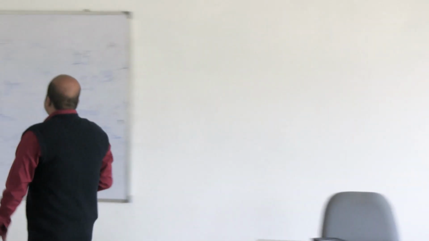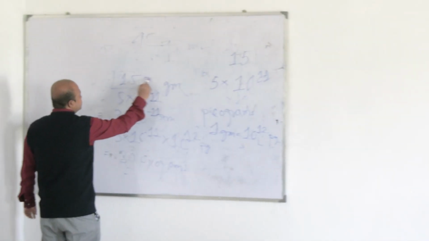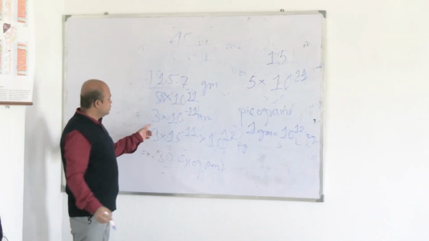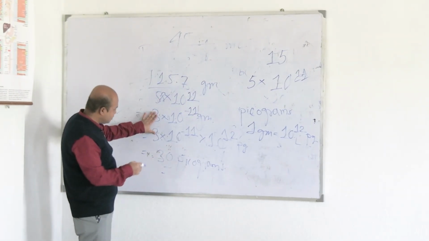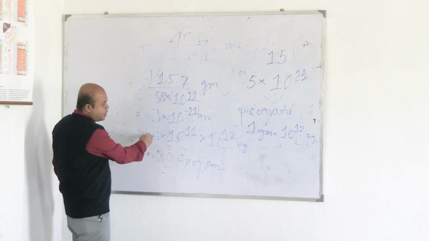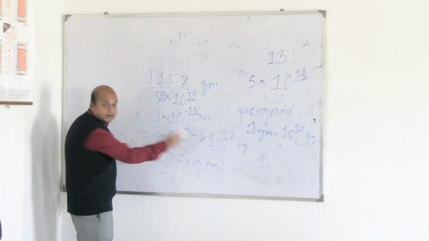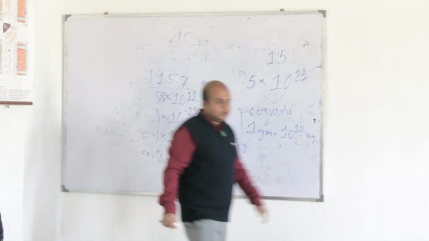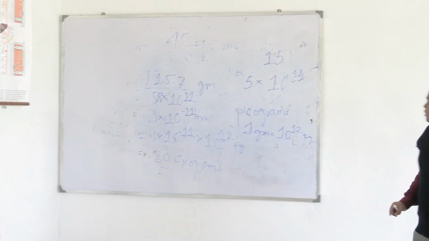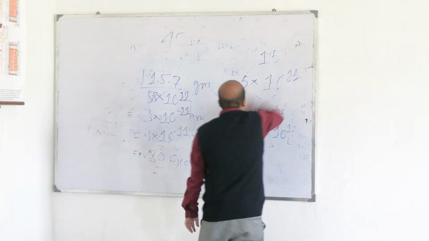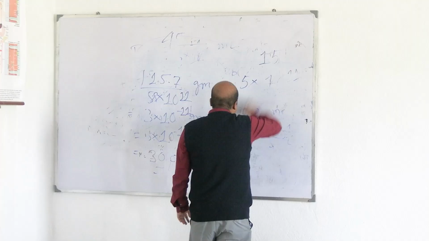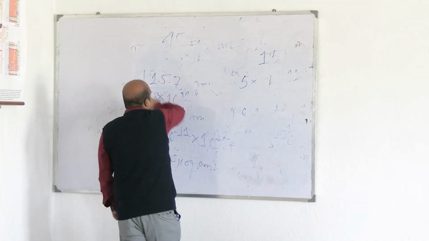If we take 15.7 and 5.8, write 15.7 by 5.8 into 10 picograms. That is the answer. So that is the hemoglobin in one single RBC, or mean corpuscular hemoglobin.